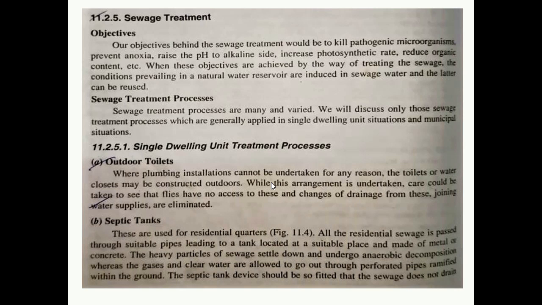The main objective of sewage treatment is to kill pathogenic microorganisms, prevent anoxia (anoxia is nothing but total loss of oxygen), raise the pH to the alkaline side, increase photosynthetic rate, reduce organic content, etc. When these objectives are achieved by treating the sewage, the conditions prevailing in a natural water reservoir are induced in sewage water and the latter can be reused.